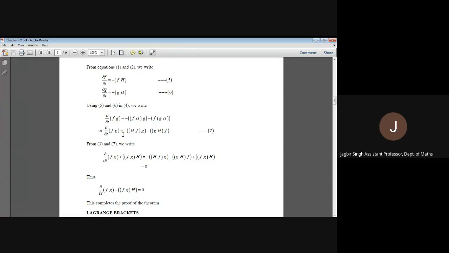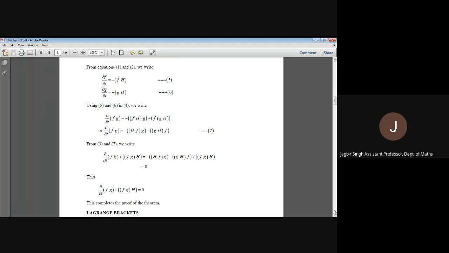So it can be written like [[g, H], f]. And now ∂/∂t of [f, g] plus [[f, g], H] will be, these minuses are not there, all terms are positive: [[H, f], g], [[g, H], f], and then [[f, g], H]. Using the Poisson identity, this sum will be 0, and so ∂/∂t of [f, g] plus [[f, g], H] is 0. It means [f, g] is an integral of the equations of motion.